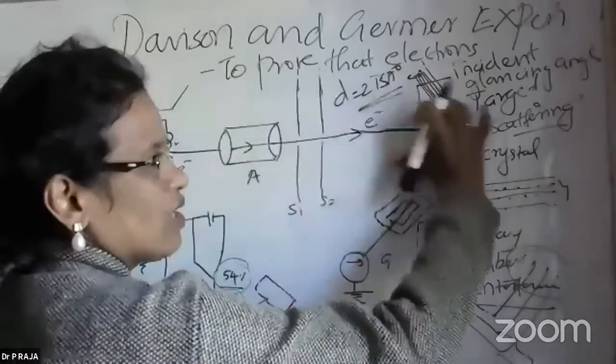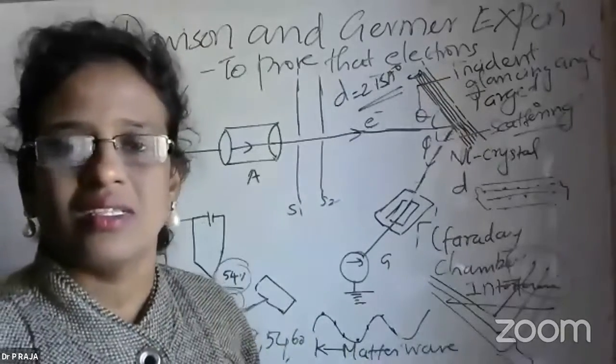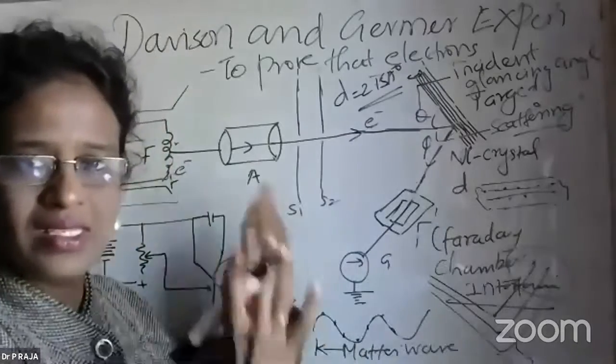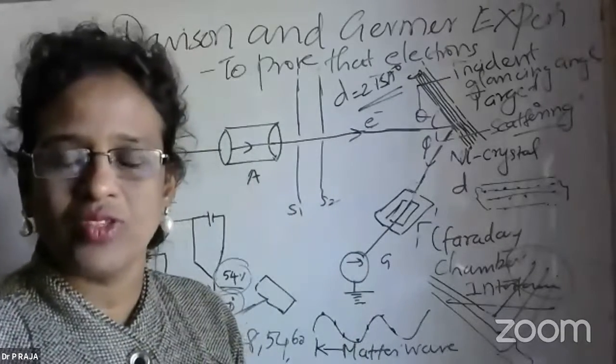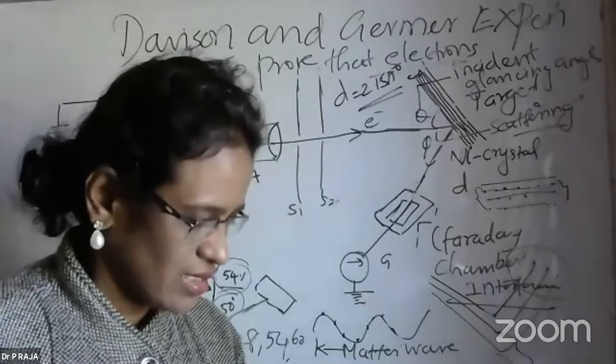It is like how X-rays fall on a target and then the X-ray diffraction pattern is observed. This is a similar experiment to the X-ray diffraction pattern, which they could analyze.